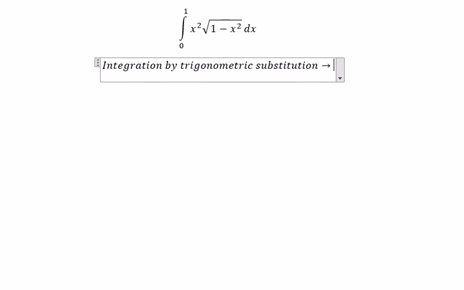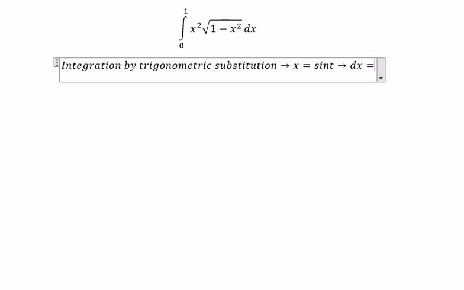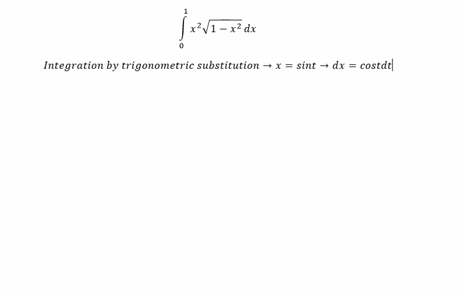So we put s equal to sin t, ds equal to cosine t dt. Next, we change the number 0 and number 1. If s equal to 0, so t should be 0. If s equal to number 1, so t should be pi over 2.